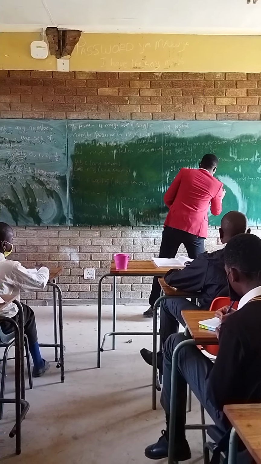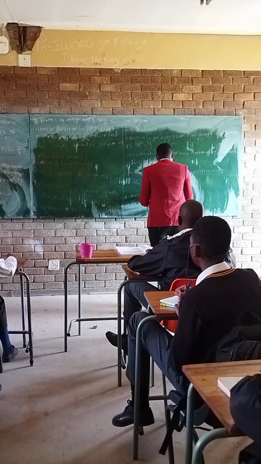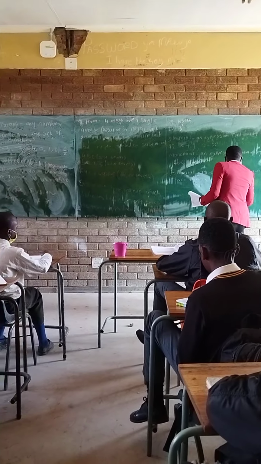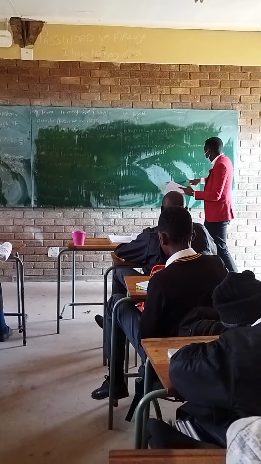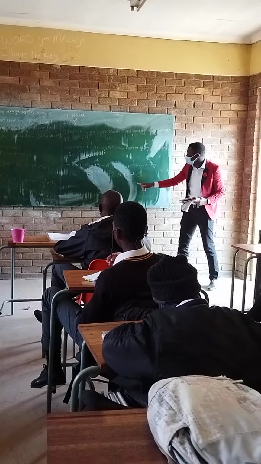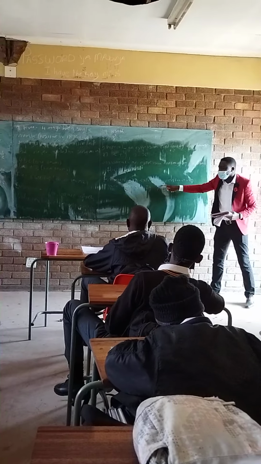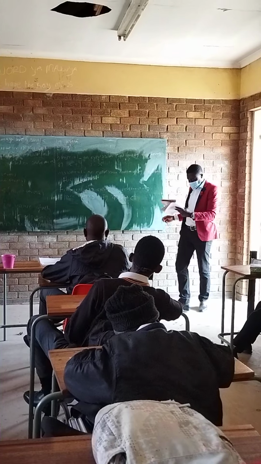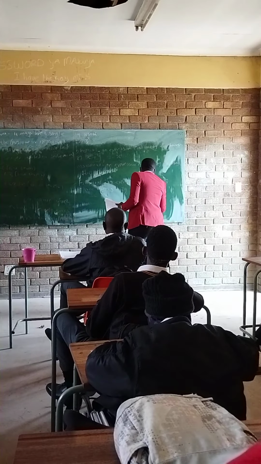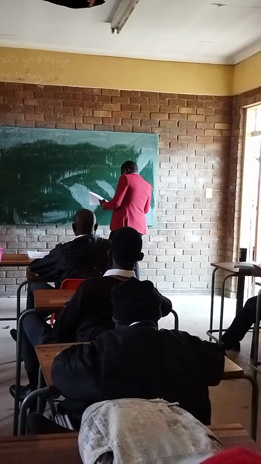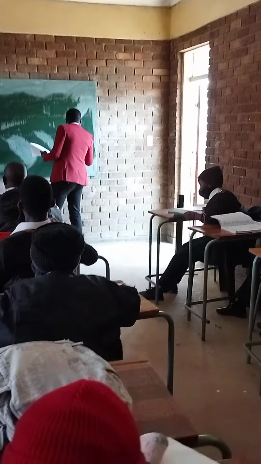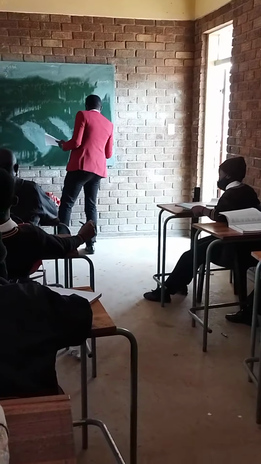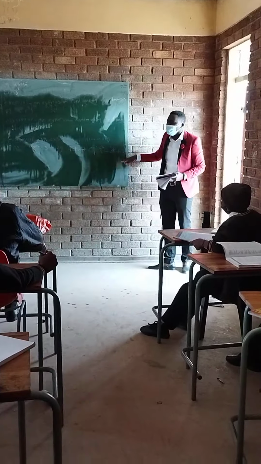For example, we have a plus b plus c. This one is trinomial because it has how many terms? 3 terms. Another one, x squared minus 4x plus 3. It is a trinomial because it has how many terms?